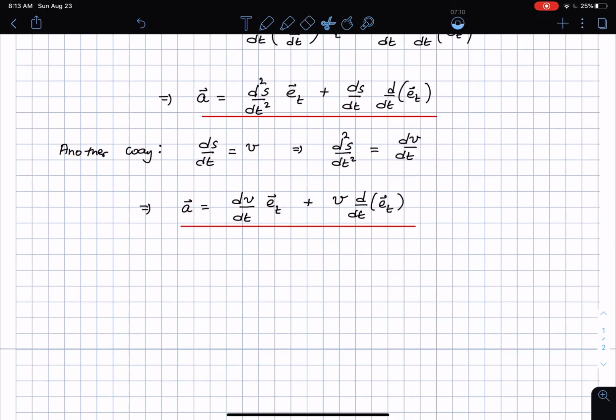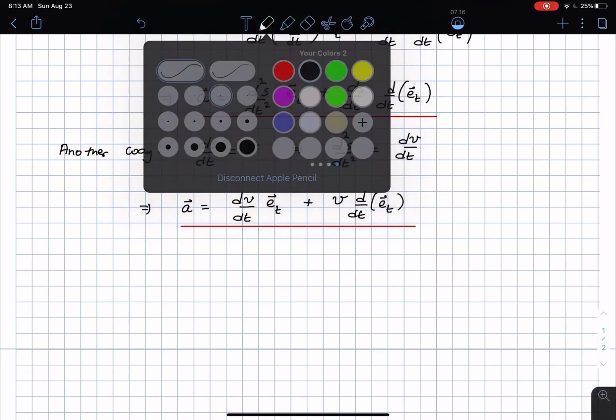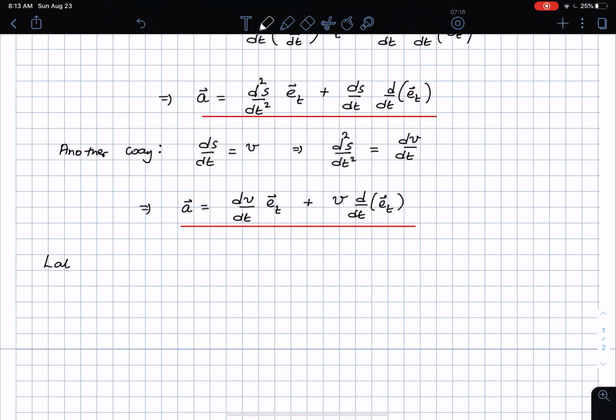Now, for the people who are curious, we can say the following about d by dt of e_t. Okay, we will derive this later on. d by dt of e_t can be written as v by rho.